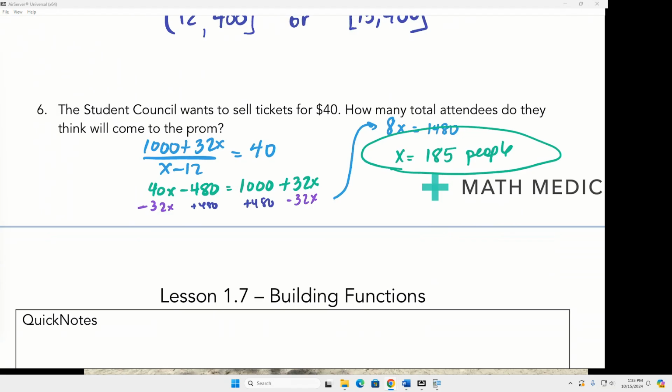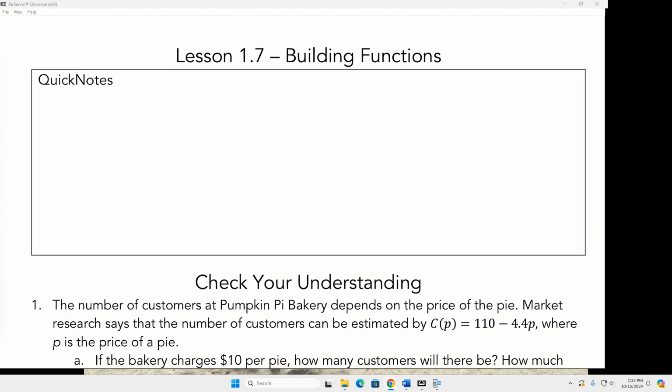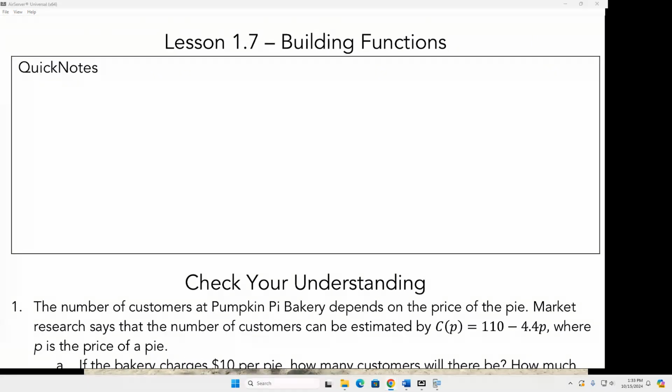Okay, so on the back, we are going to fill in the notes. The whole point of this lesson is to build functions from other functions. And so today we're going to talk about 4 operations we can use to create new functions.